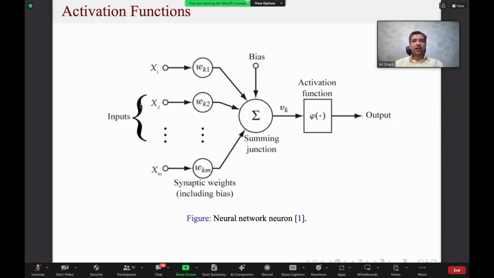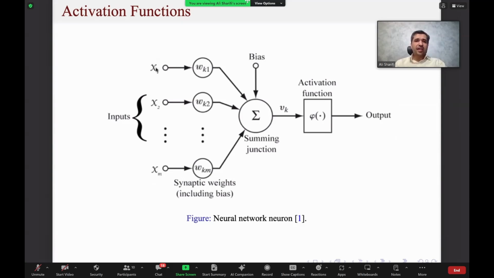You can think about these inputs as different pixels of an image or different words of a sentence or anything similar to that. And these weights are initially assigned randomly, but during the machine learning, I will tell you how these weights are updated in order to make the correct output at the end.